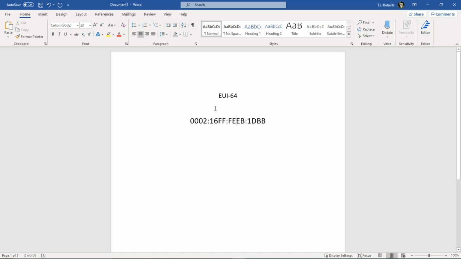So if you're going from left to right, where would you find the 7th bit? Okay, in the second number, because each number represents 4 bits.